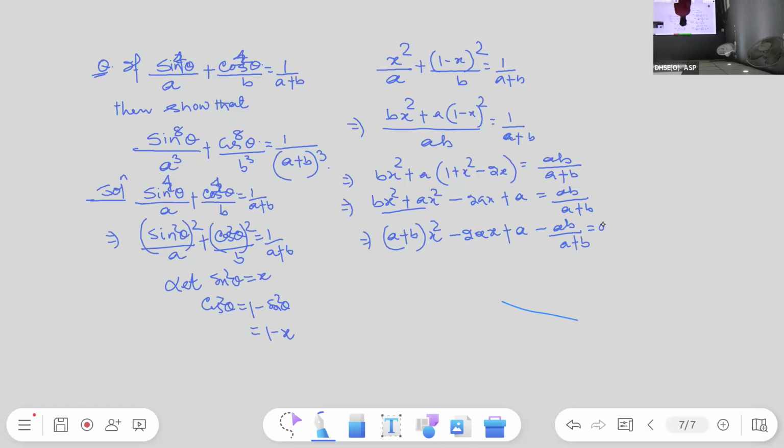Okay, so this implies here the LCM will be a plus b: (a plus b) into (a plus b) whole square into x square minus 2a into (a plus b) into x plus a into (a plus b) minus ab is equal to 0.